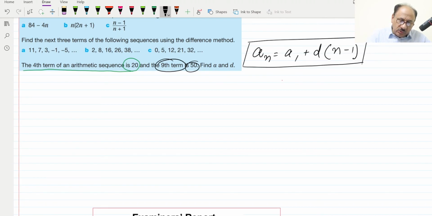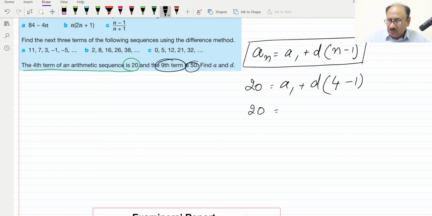So the fourth term is 20, so we can write a4 is equal to 20. a1 we don't know, and d also we don't know, but this is the fourth term, so n is equal to 4. 4 minus 1, we can rewrite it as 20 is equal to a1 plus 3d, and this one we can write as equation 1.